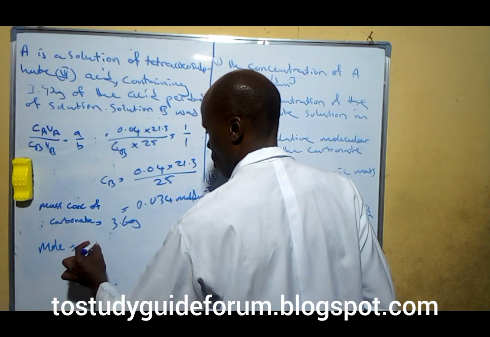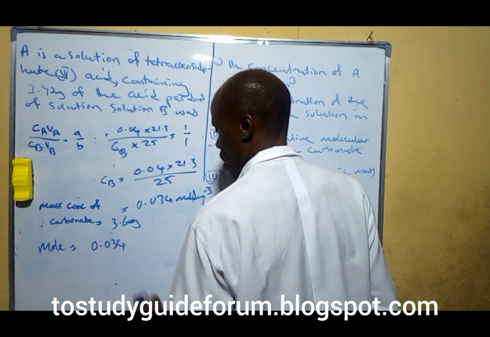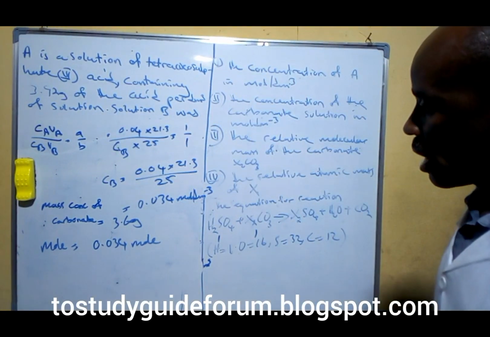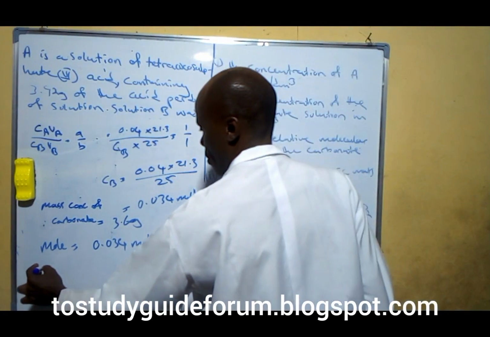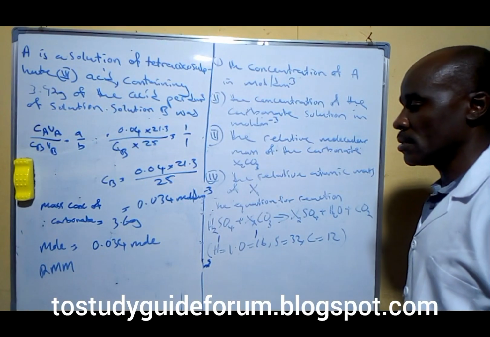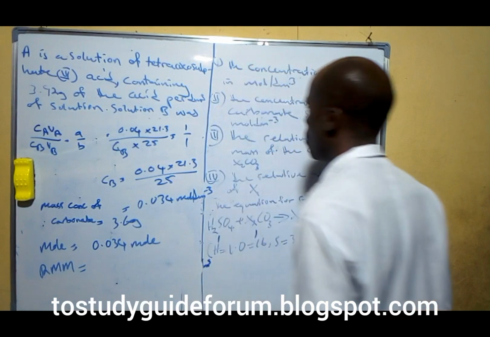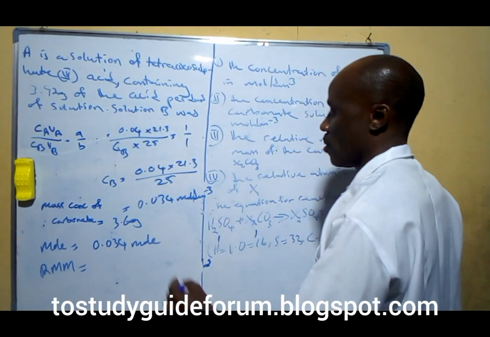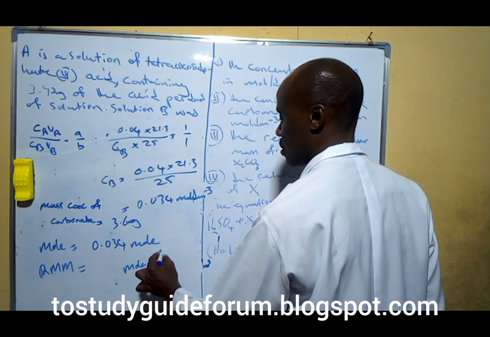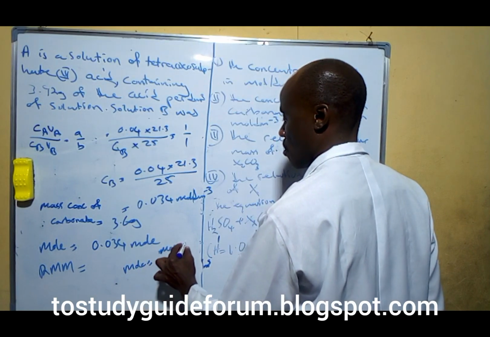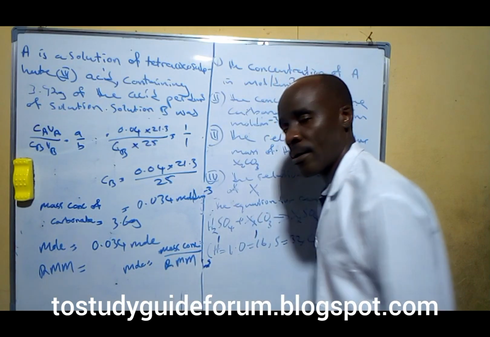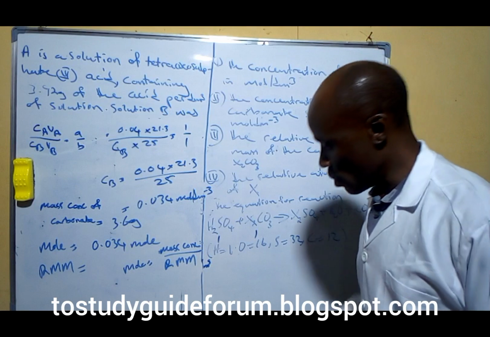The mole is equal to 0.034 moles. So now we don't have the relative molecular mass, but we know that mole is equal to mass over relative molecular mass.